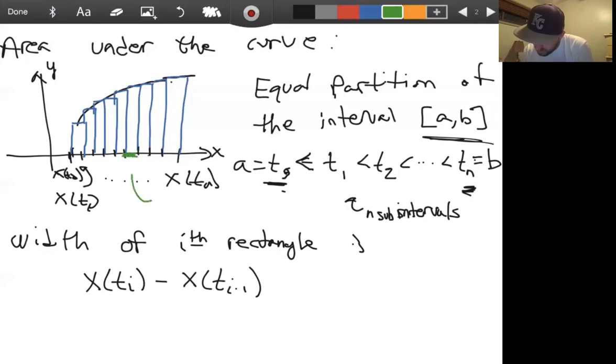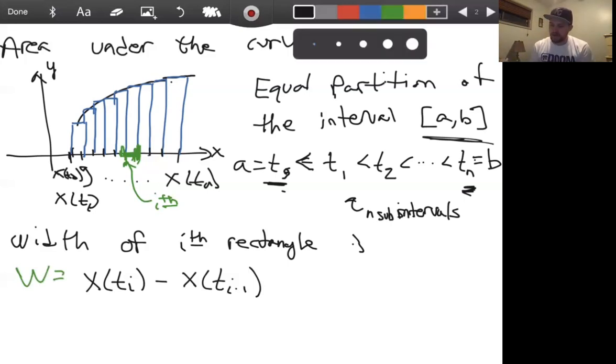Let's say this is the ith rectangle. Okay, it gets us that distance right there, which we're calling the width of the rectangle. You take the right endpoint and you subtract the left endpoint, and that gets you the distance between the two, right? And so that's this width here.